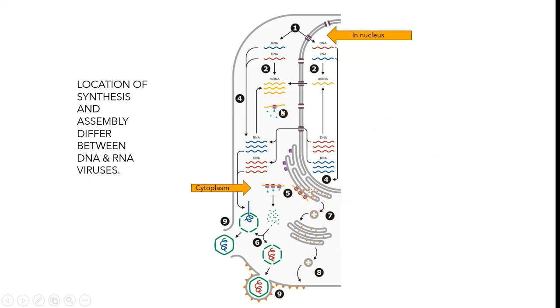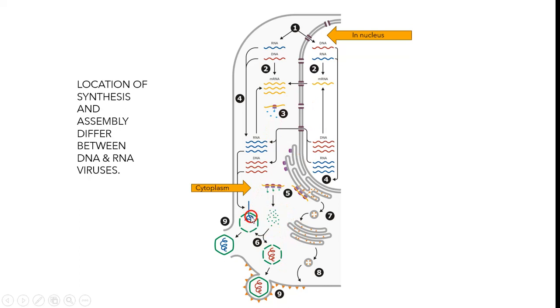So you don't have to know all the steps, but what I do need you to recognize is that in an RNA virus, when it gets into the host cell, its synthesis and replication of genetic material is going to occur in the cytoplasm, whereas the DNA virus, the replication of its genetic material is going to occur in the nucleus, and then that capsomeres, its proteins, are going to be occurring in the ribosomes as well. So that is steps 4, 5, and then 6 out here in the cytoplasm, either way, through RNA or DNA.